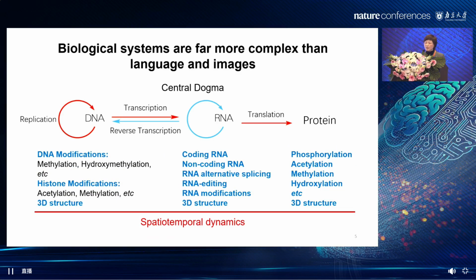As is known, biological systems are far more complex than language and images. DNA, RNA, and protein all undergo many kinds of modifications. RNA also undergoes alternative splicing and editing. Crucially, all these molecules exist and function within complex 3D structures, and the entire system exhibits intricate spatial-temporal dynamics.